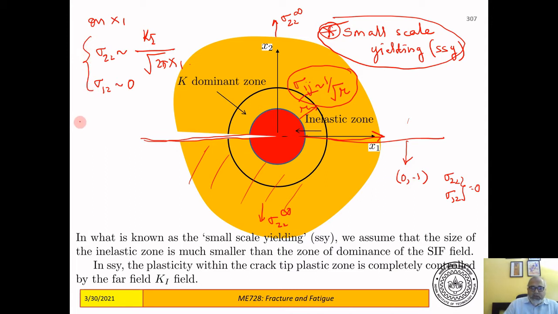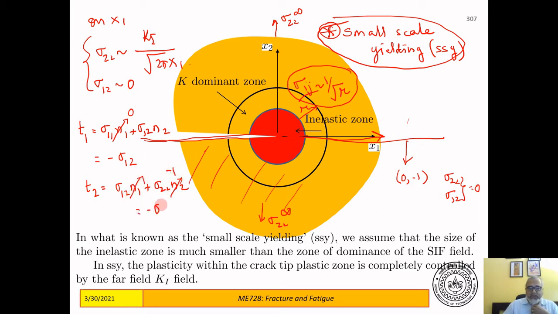Therefore, T1, which is sigma 11 n1 plus sigma 12 n2, is equal to minus sigma 12, because n1 is equal to 0 and n2 is equal to -1 on the surface, and T2 is sigma 12 n1 plus sigma 22 n2. This is 0 and this is again equal to -1, so this is equal to minus sigma 22.